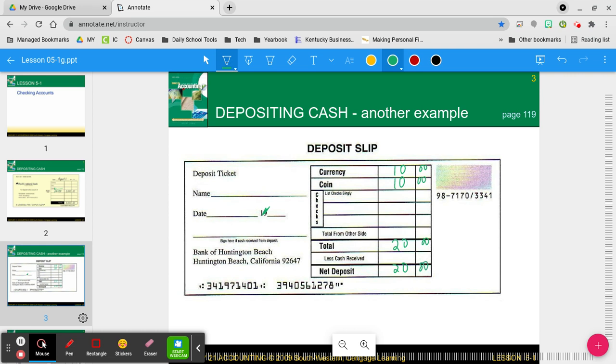Okay. Now there's a couple things on here that look strange to you probably. Right here where it says total from other side. If you have a bunch of checks to deposit, which businesses a lot of times will, their deposit slips are a lot bigger.